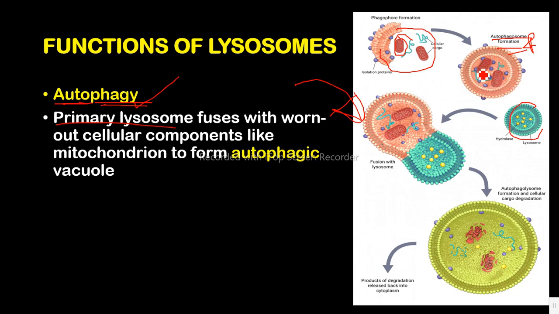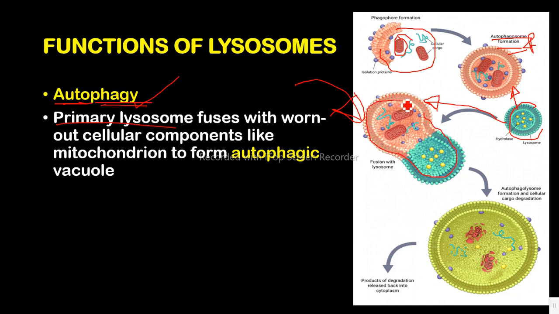Now, after you have formed an autophagic vesicle, our primary lysosome is going to come and fuse with this vesicle to form something of this kind. As you can see, it's now a continuous membrane.